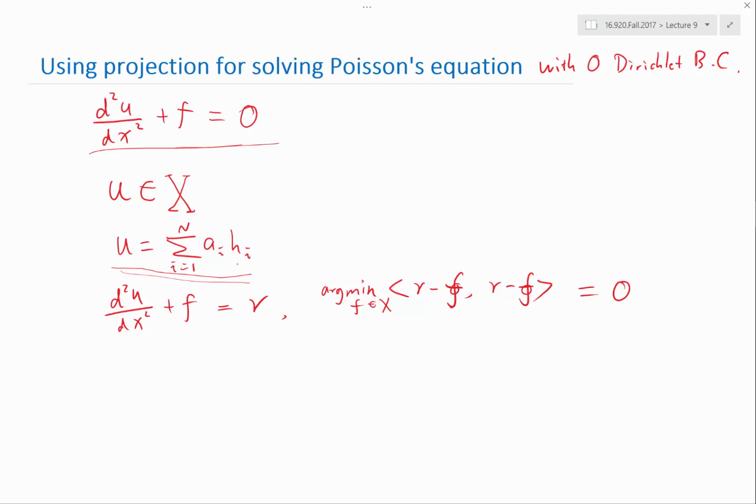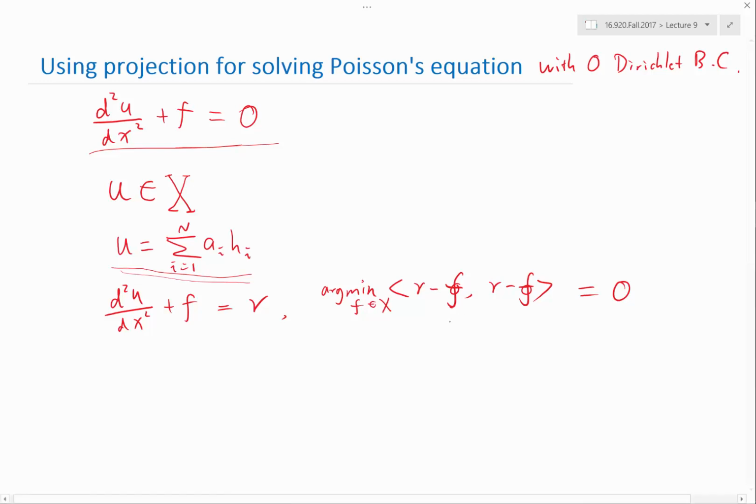Yeah, just like we are approximating a function with a piecewise linear continuous function, we are now approximating our true solution with a piecewise linear and continuous solution. Okay, and the approximation has to be such that the residual projected into the space X is going to be 0.